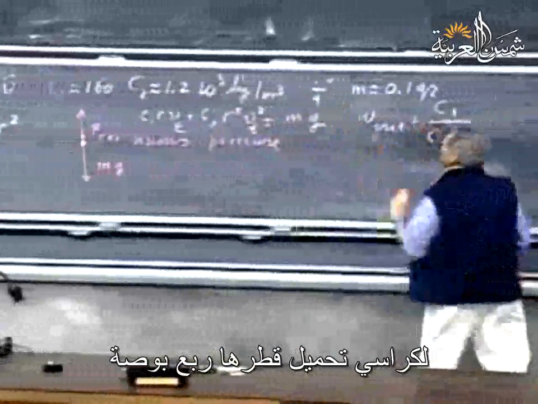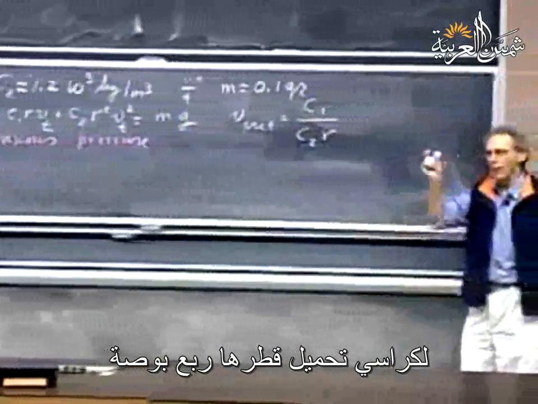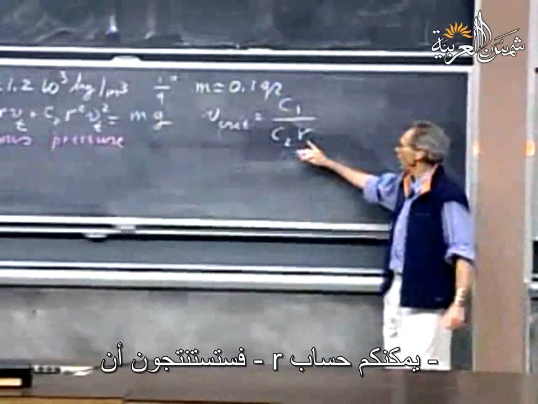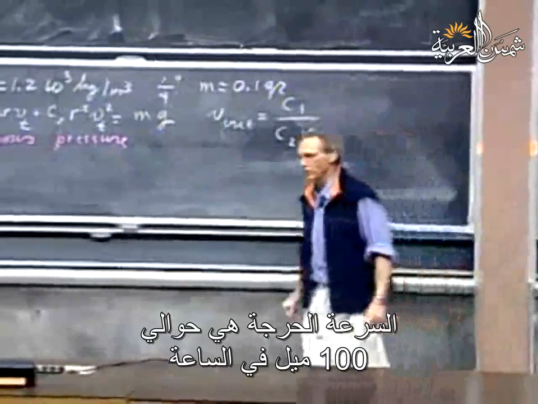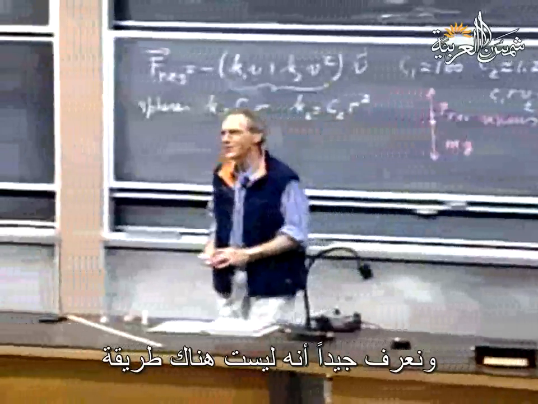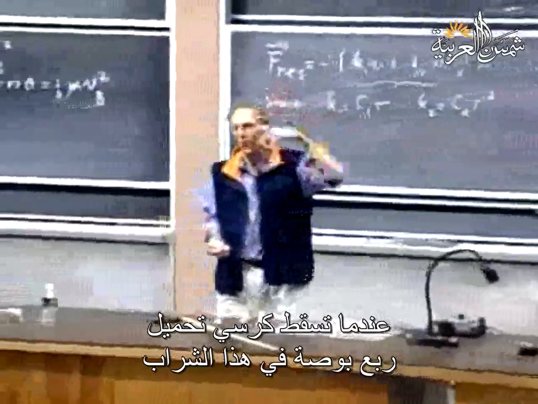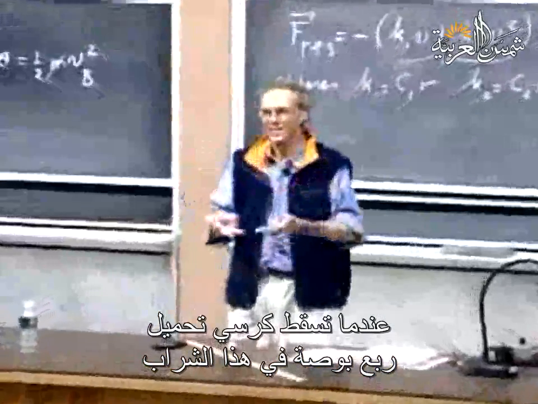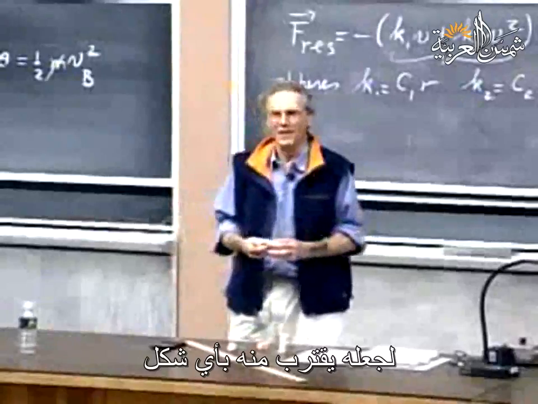If you calculate for a quarter-inch diameter steel ball bearing, you can calculate r, you will find that the critical velocity is about 100 miles per hour. And we know very well there is no way when you drop a quarter-inch ball bearing into this syrup that it's going to come anywhere near that.